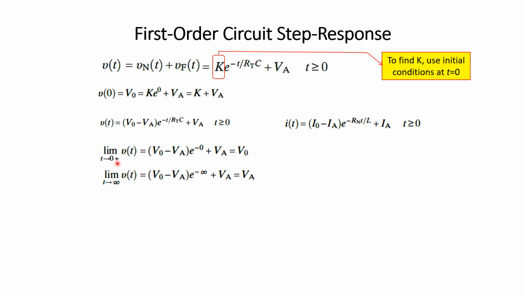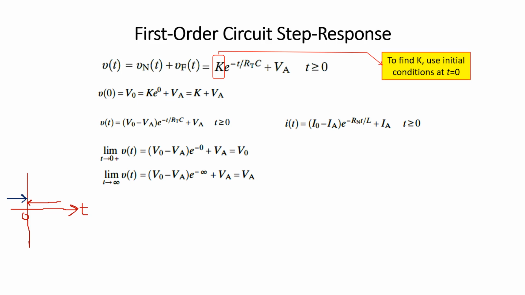If the time approaches 0, 0 plus is a concept of time. If this is the time axis, and this is the origin 0, and if we approach this 0 from this side, we will be touching the positive side of this 0, and if we approach this 0 from the other side, it will be 0 minus.